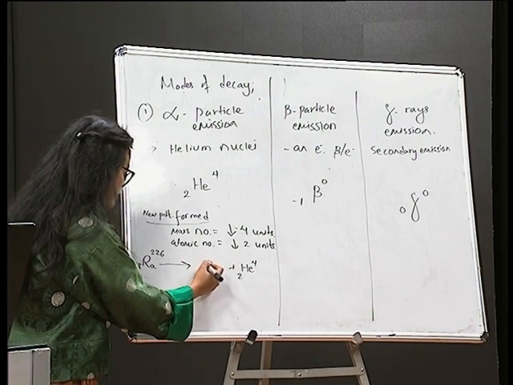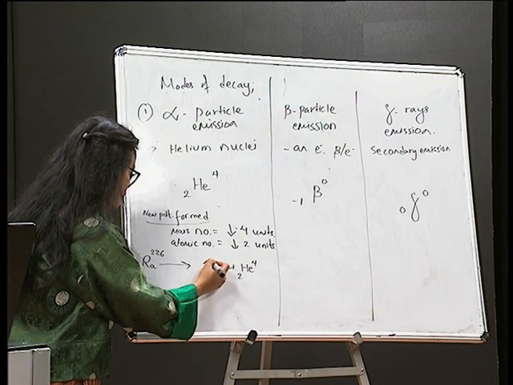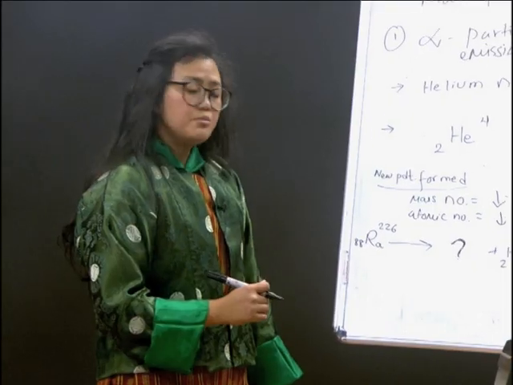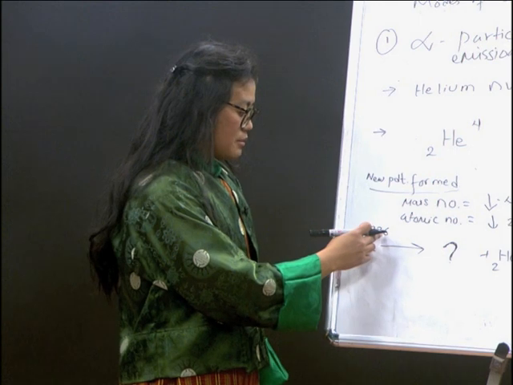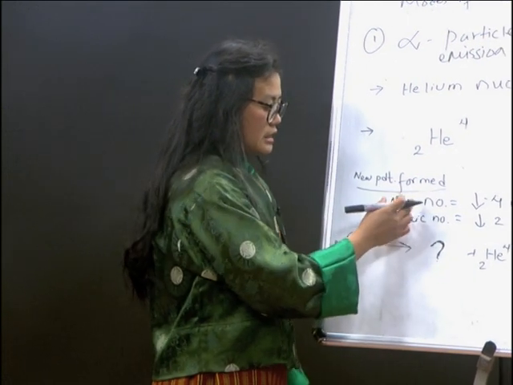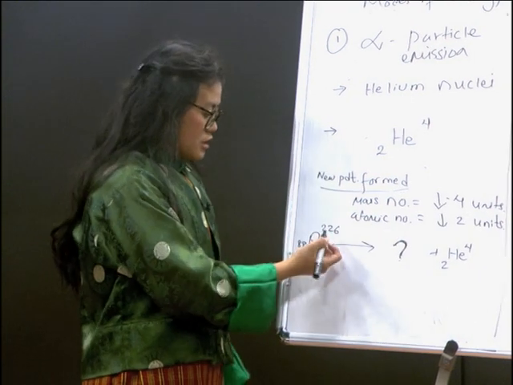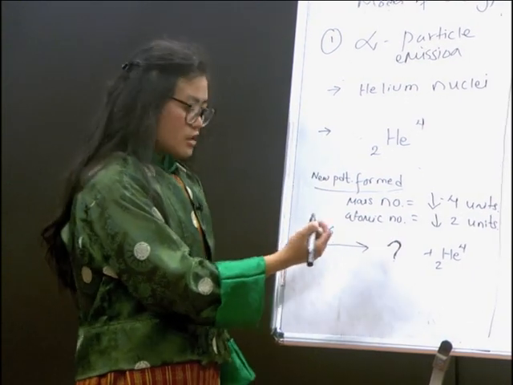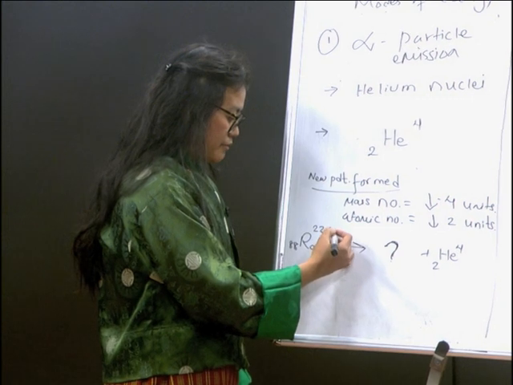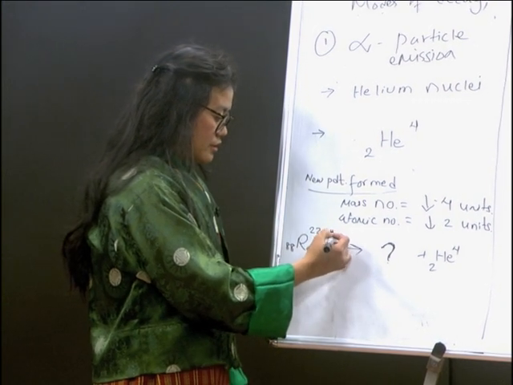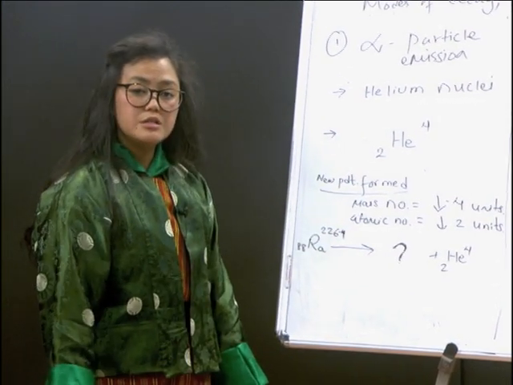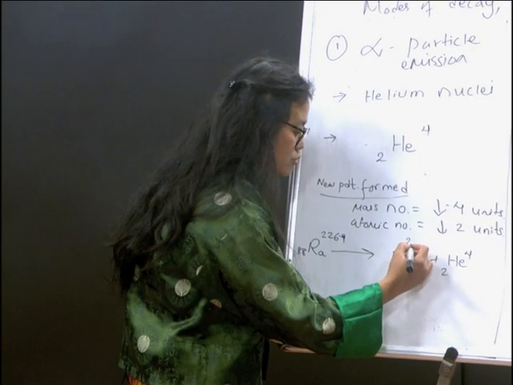Before knowing the new product, we have to see the mass number. We said that the new product will have mass number less by 4 units. Initially it was 226, so 226 minus 4 will be 222.